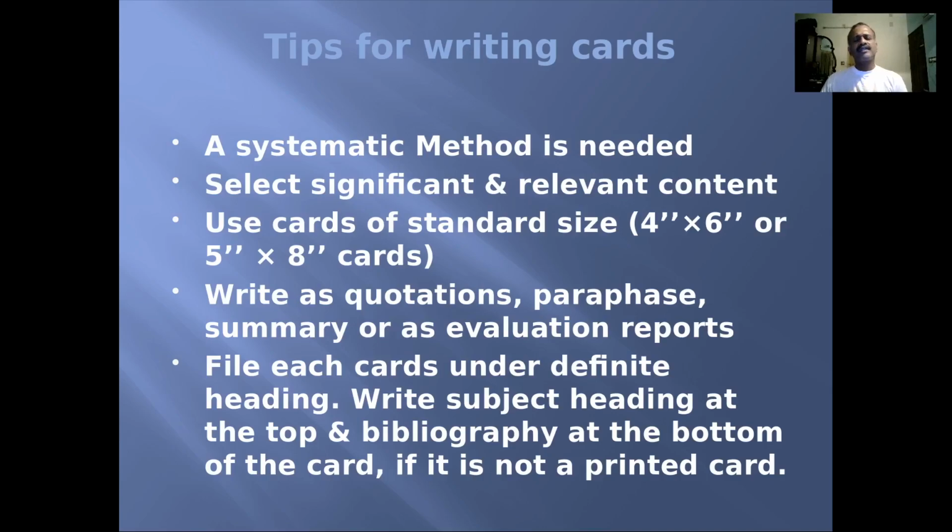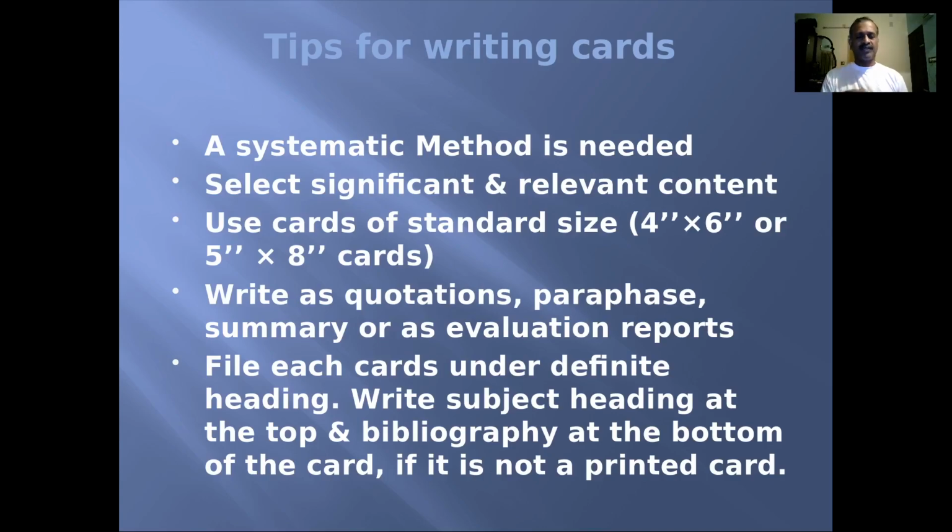Then again, a systematic method is needed. When you start the study itself, you need a file for the literature review. Keep a file, at least one file, with a lot of subsections. If you can keep at least one file for each section, that is always good.